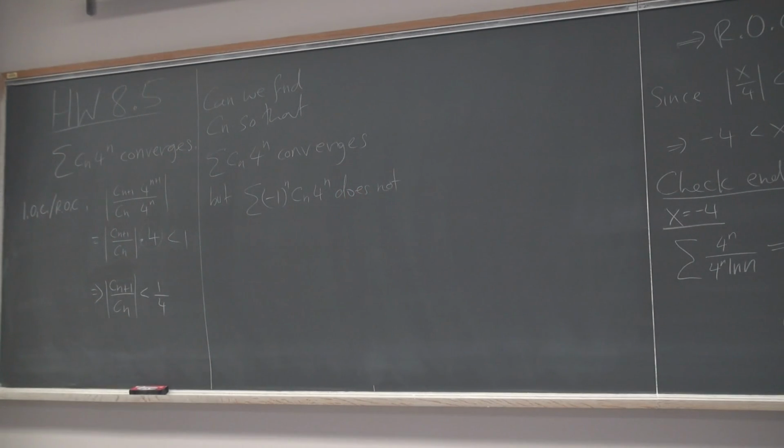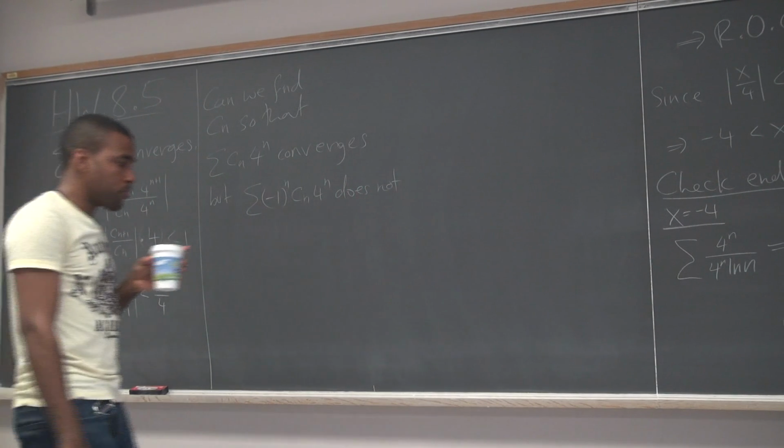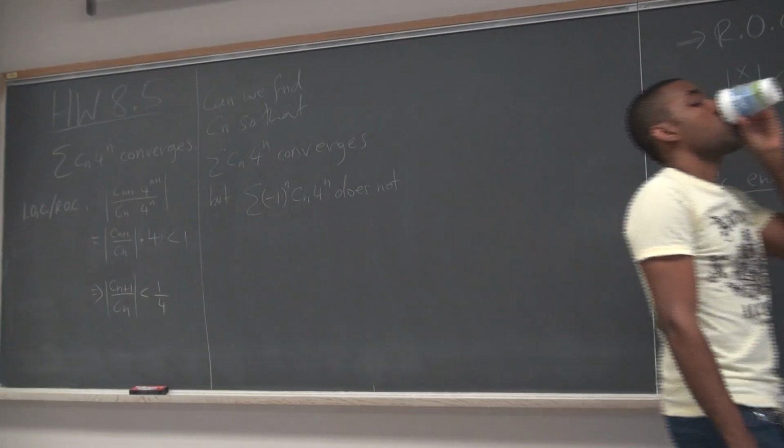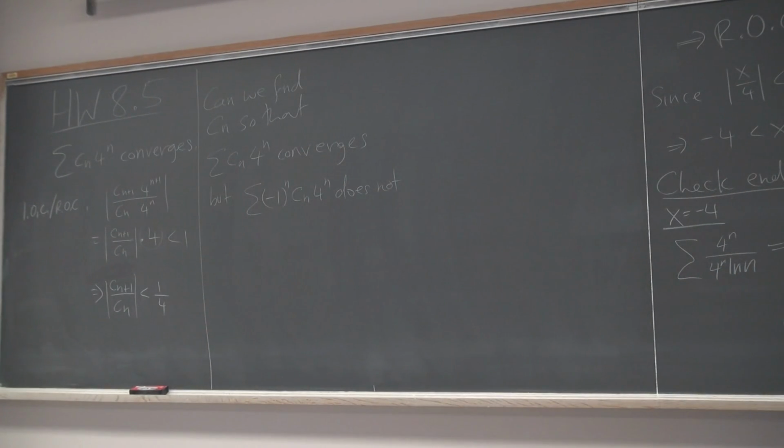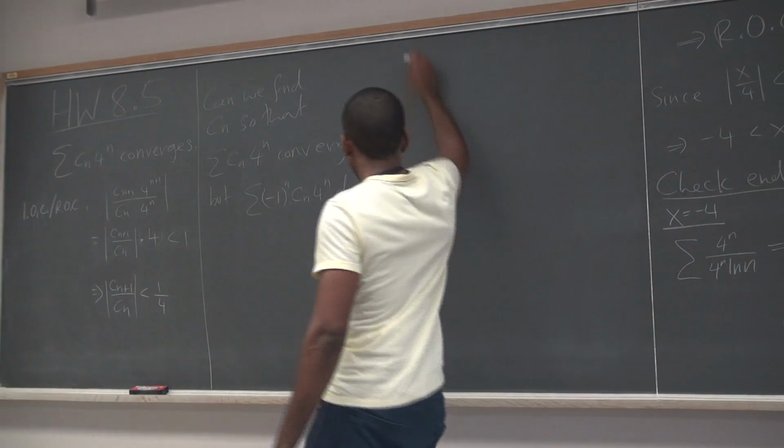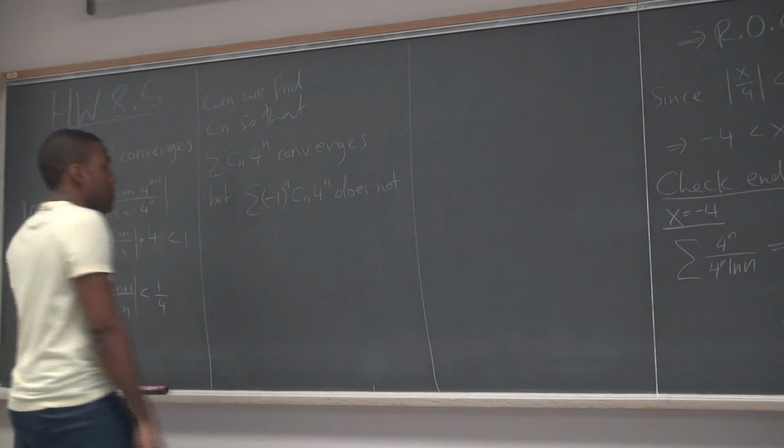Think of an example? Cn is a negative constant.